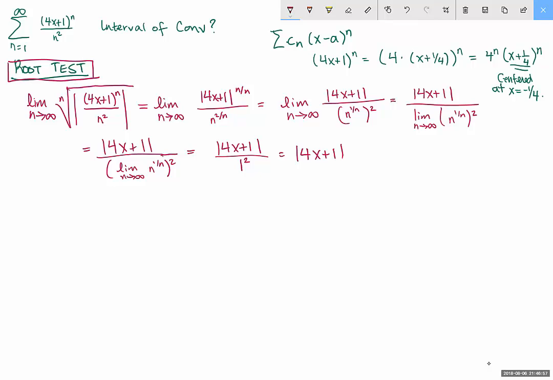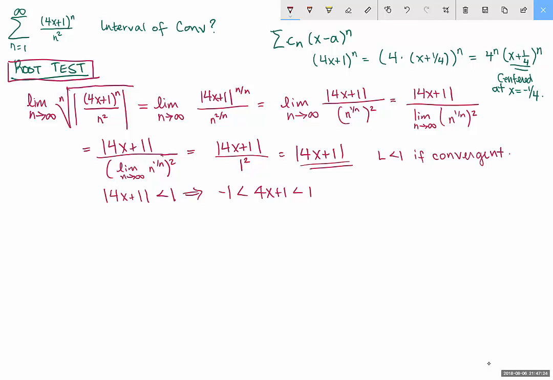Now to make it work with the root test, if this is what I'm getting as my limit, I want my limit to be less than 1 if we're going to get convergence. So I will take the absolute value of 4x plus 1 and set it less than 1, which means that 4x plus 1 is between positive and negative 1.